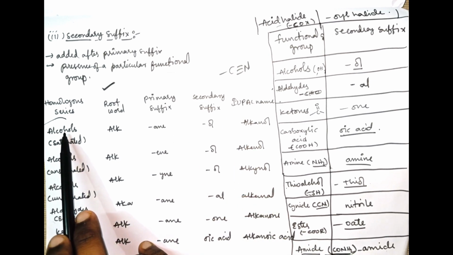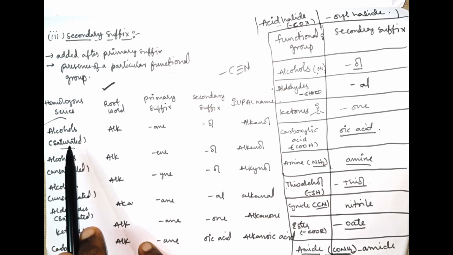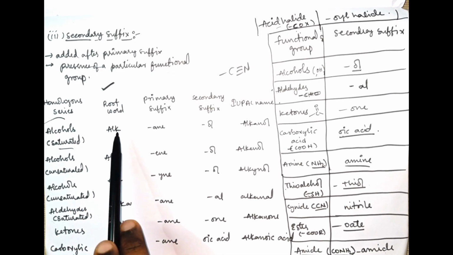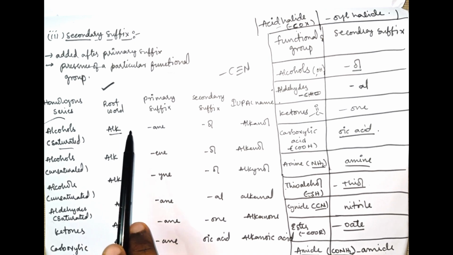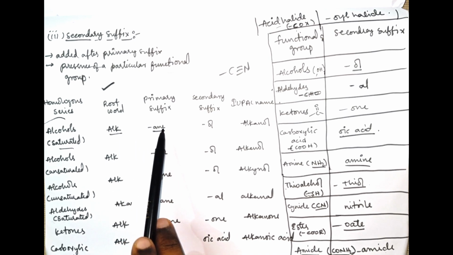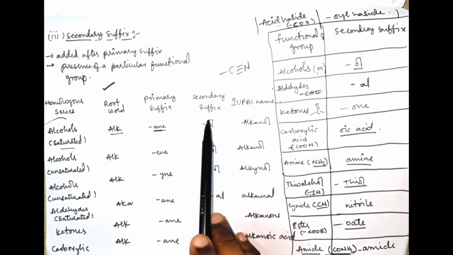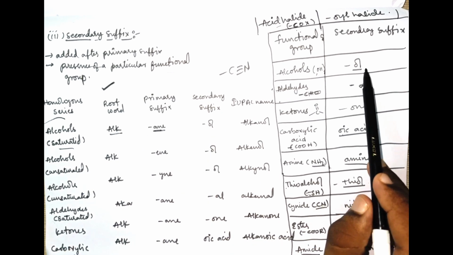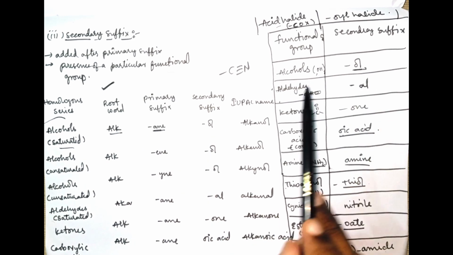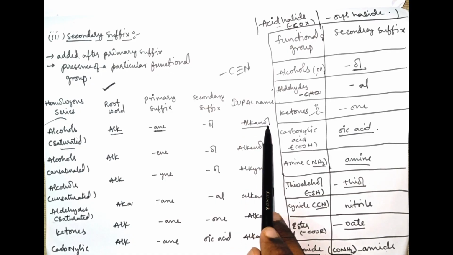So for alcohols, say such alcohols are saturated, do not contain any unsaturation, its root word becomes alk, and its primary suffix, as I've told you, if saturation is there, ane, unsaturation, ene. Over here it's ane, and for alcohols, here it's ol. You're getting it? So it becomes alkanol.